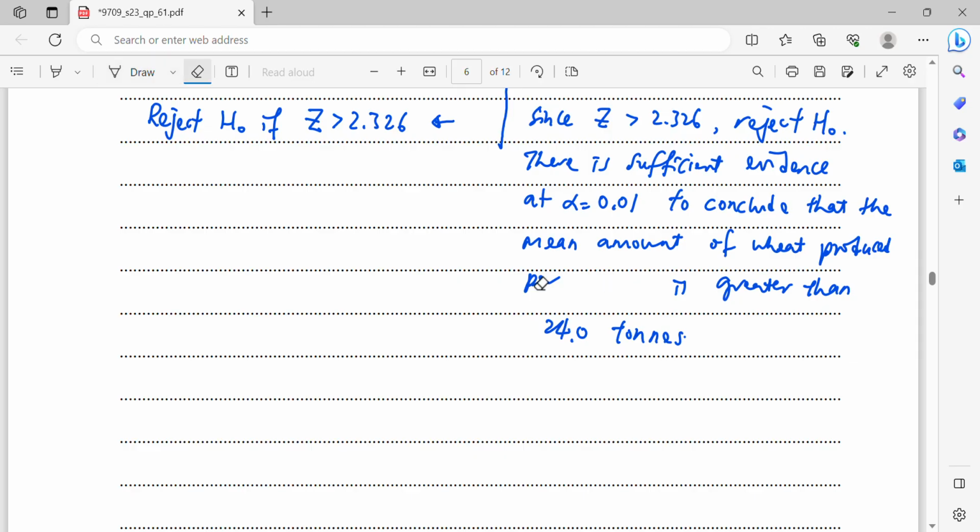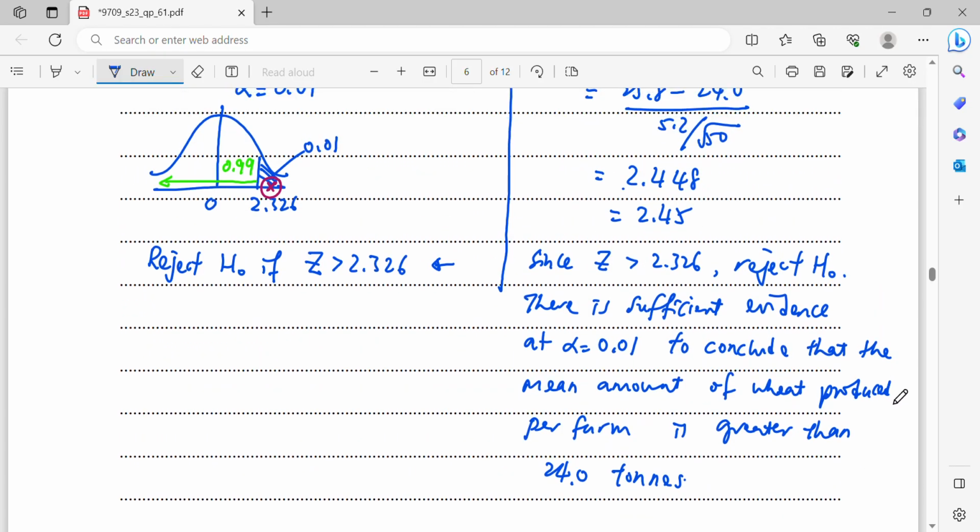Okay, so that's the decision and conclusion for this hypothesis testing.